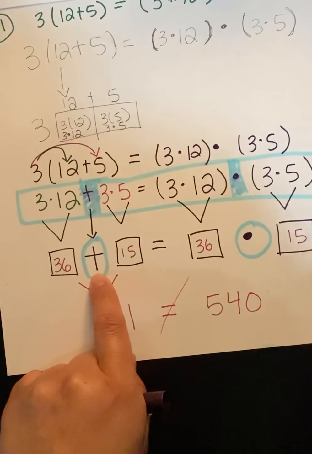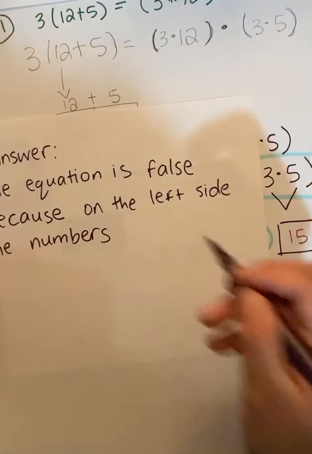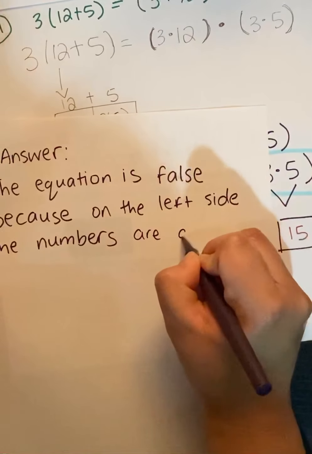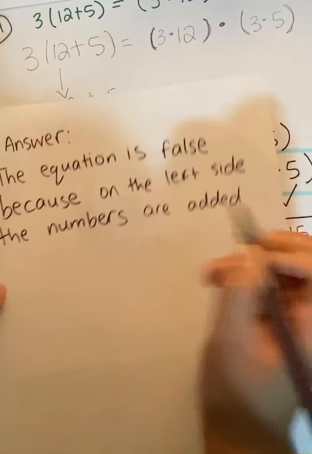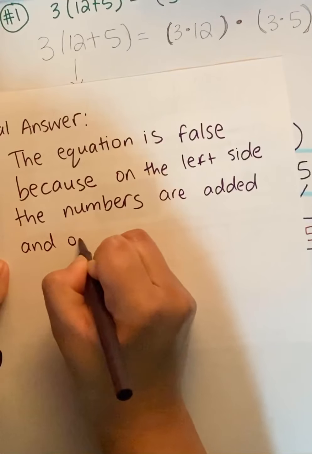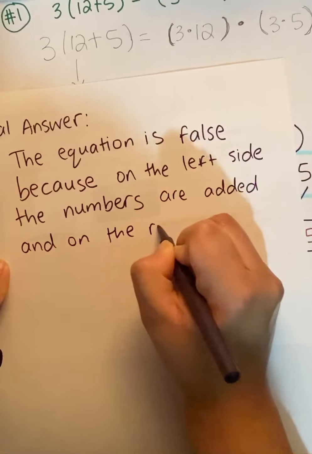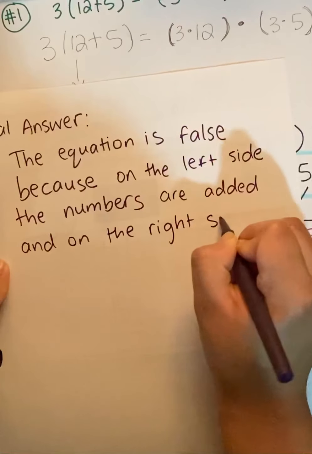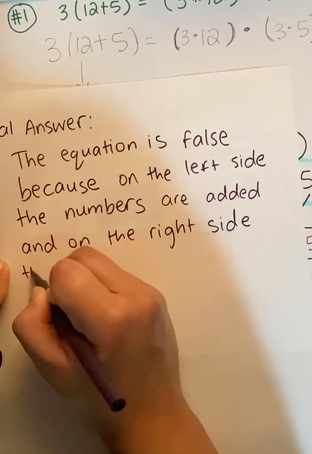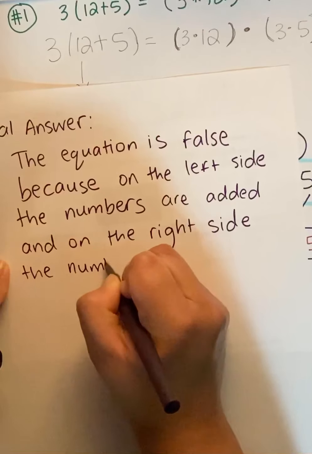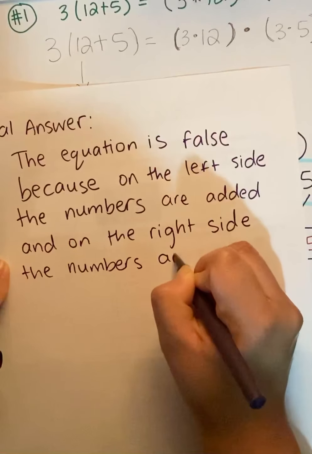On the left side, the numbers are added. And on the right side, the numbers are multiplied.